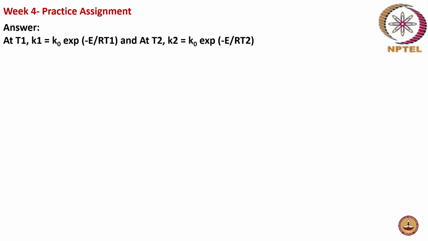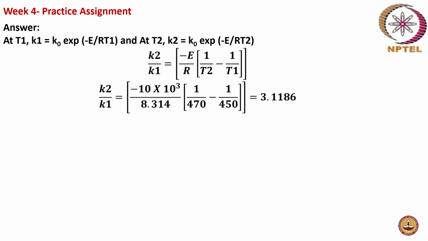So now, if we take a ratio of K2 by K1, the ratio of the rate constants at the two temperatures T2 and T1, K2 by K1 will be equal to exponential of minus E by R into 1 by T2 minus 1 by T1. We have the value of E, we have the value for R, we have T2, and we have T1.